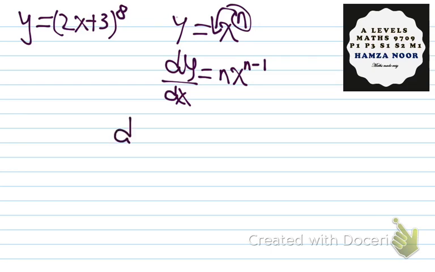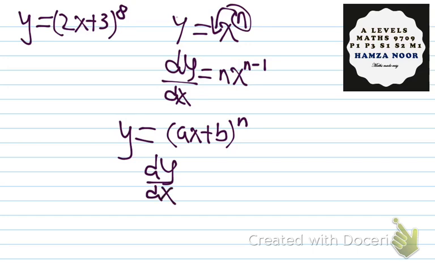Another rule is, if the equation of the curve is given like this: y is equal to ax plus b and whole thing is raised to the power n. So the gradient function dy over dx becomes like this.